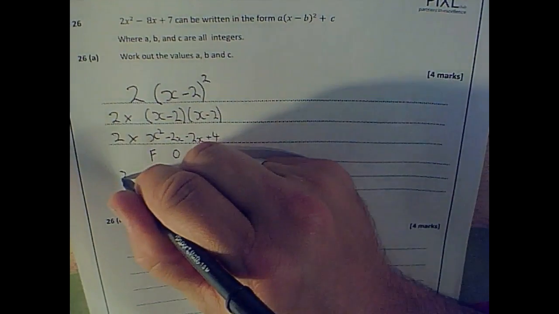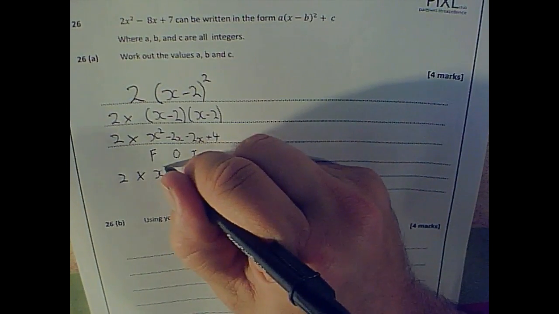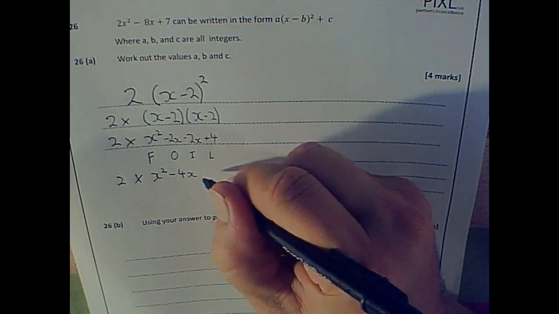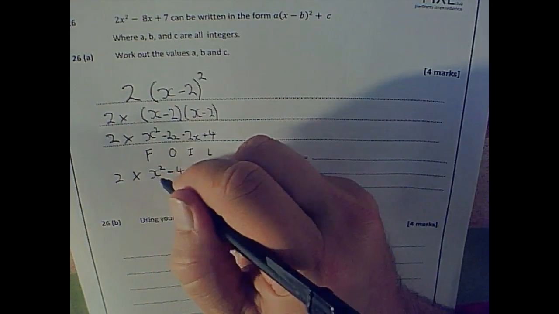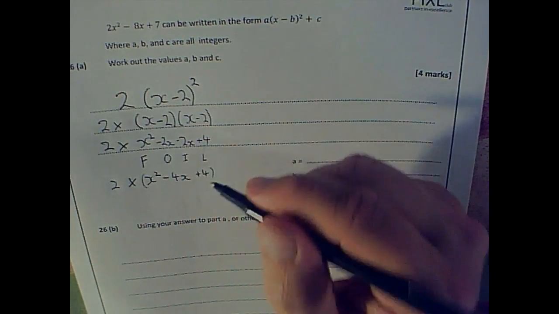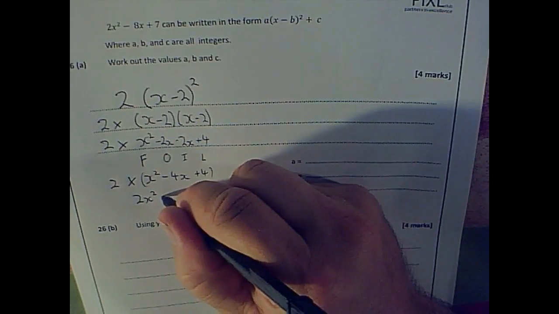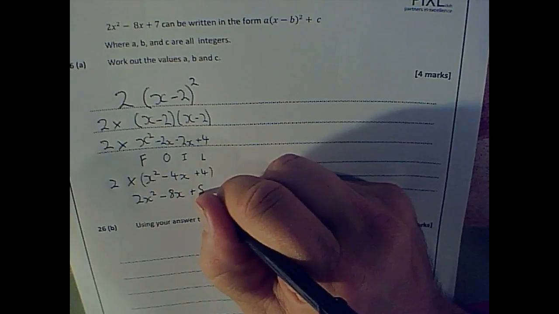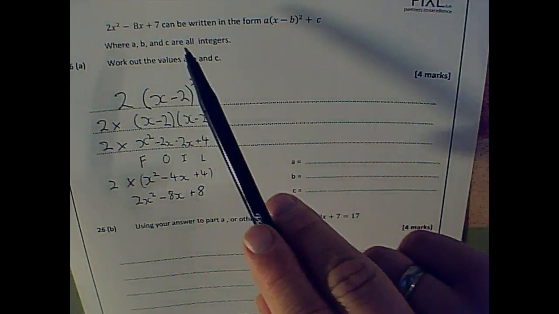So I've got 2 times (x squared minus 4x plus 4), which is the same as, if I do this 2 times all that, 2x squared minus 8x plus 8.